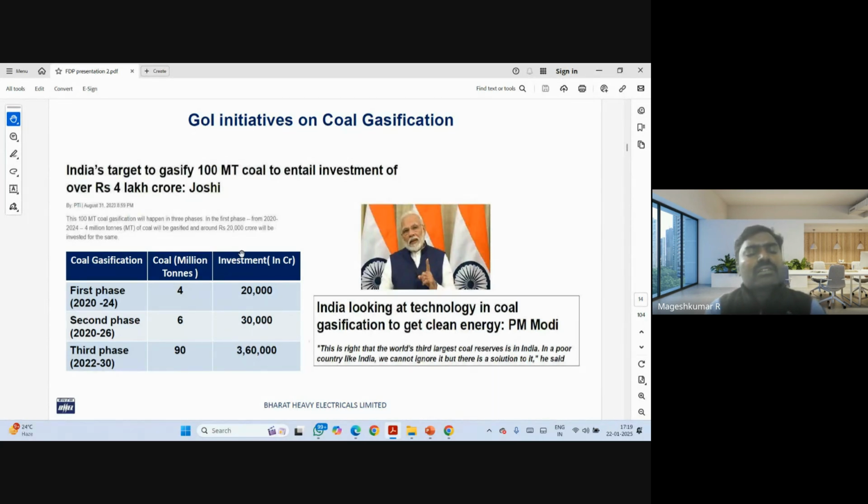If you take the real investment, it goes up to 10,000 crores per million ton of coal gasification. So it is a cost-expensive technology presently, which requires a lot of engineering and research to reduce the cost of equipment manufacturing, as well as technological improvement, so that we can gasify and deliver better for Atmanirbhar Bharat.